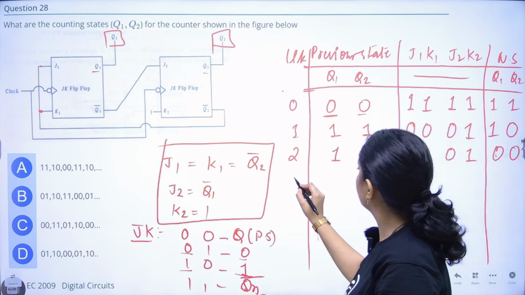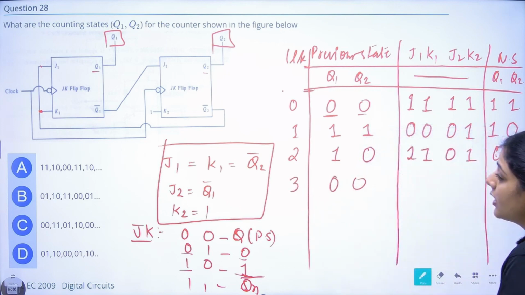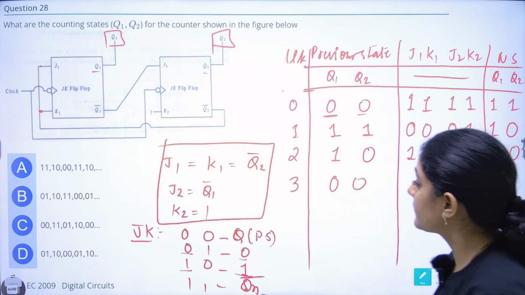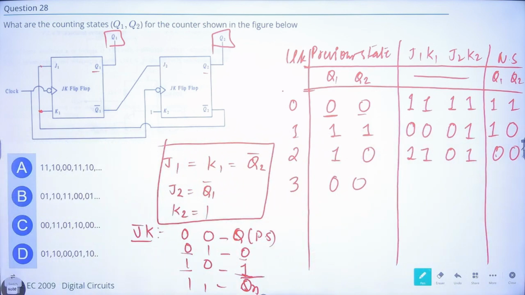Third: 0, 0. It will start again from 0, 0. So what are the states? What is the correct option? It's repeating itself. If I start from 0, 0, this is not the correct option.